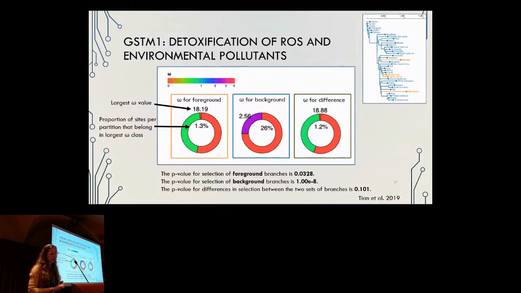So looking at our foreground distribution, our largest omega value bin was 18.19, which was the case for 1.3% of codon sites in the GSTM1 gene for the foreground marine mammal species only. And now for the background, our largest omega value was 2.56, which was the case for 26% of codon sites for the GSTM1 gene for the terrestrial mammal species.